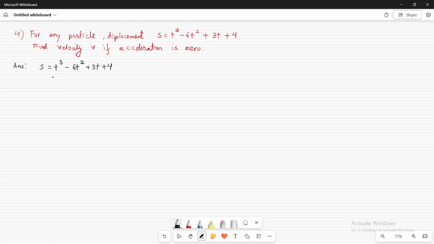Find velocity v if acceleration is 0. So here we have to find velocity, and the condition given is acceleration equals 0.